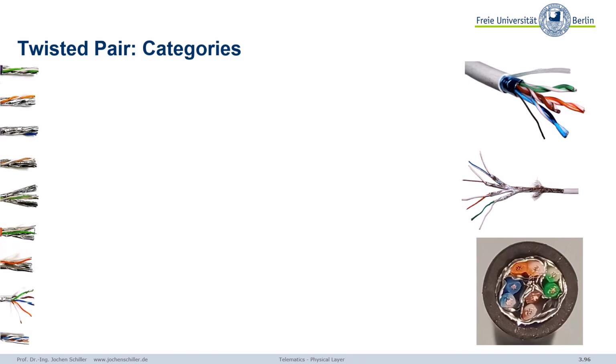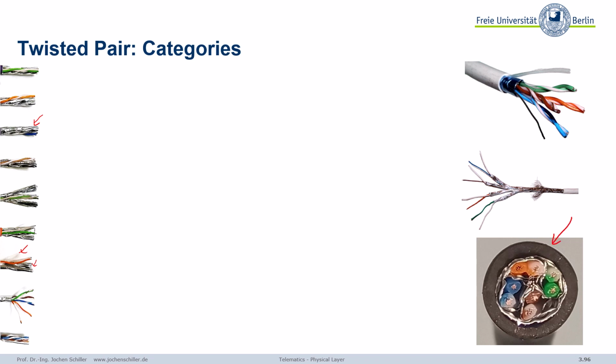And there are many, many different types of cables. Here on the left-hand side you see examples of different cables, and you see here silver shining. Here there's some foil wrapped around it, and there's some braided stuff here and individual foils here. On the right-hand side, you see this magnified a bit more.